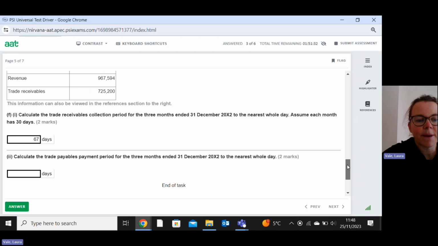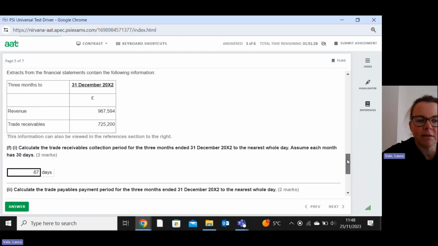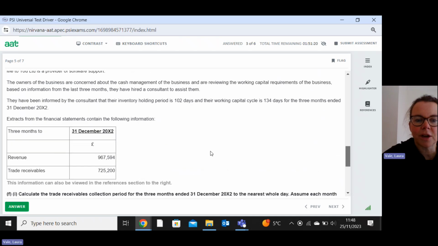Calculate the trade payable payment period. Now you might think, oh, hang on, they haven't given me the trade payables and the cost of sales that I need to put into my formula. But they have told you that the inventory holding is 102.